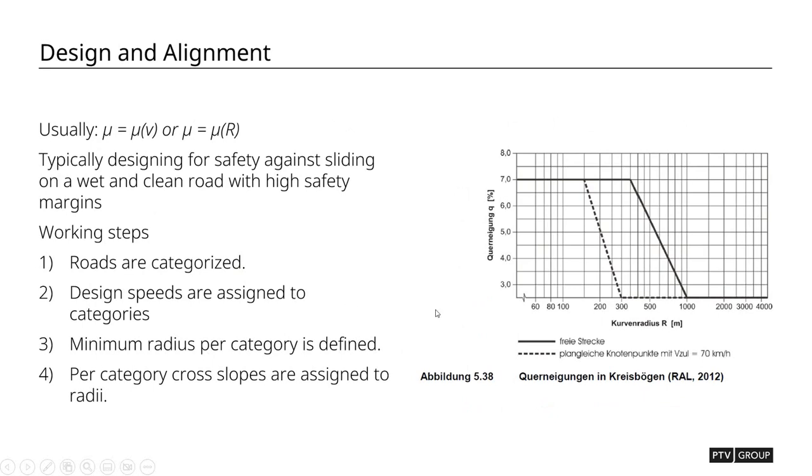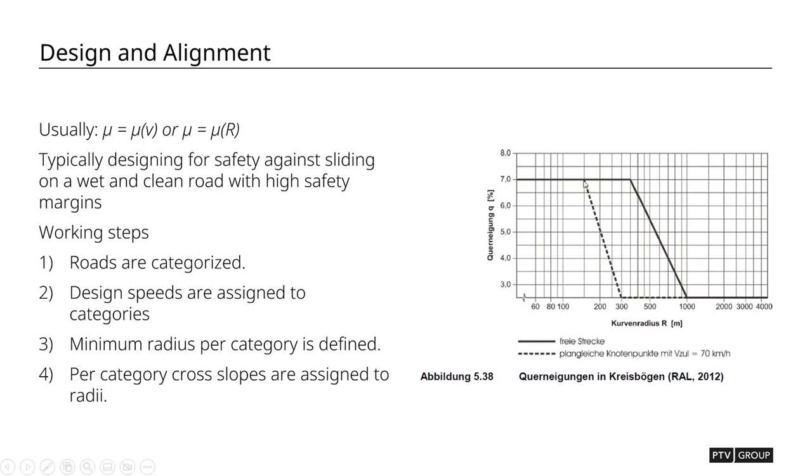Then the next step, which is usually done, and again, it's a national thing, it might be different in your country, is that a maximum super elevation is defined, and that's for the rural roads in Germany 7% cross slope.